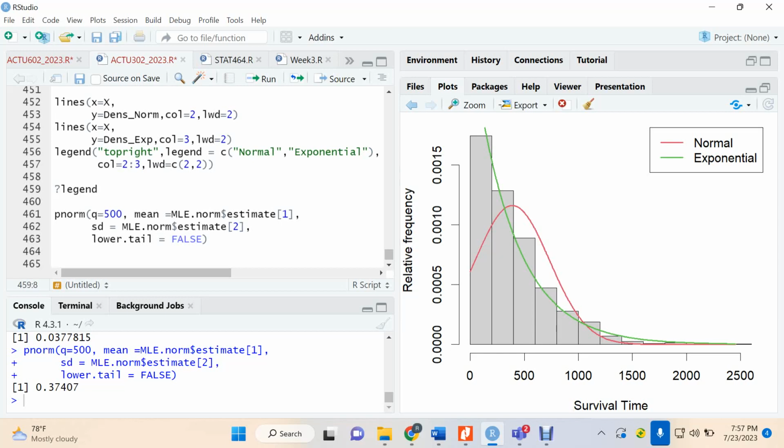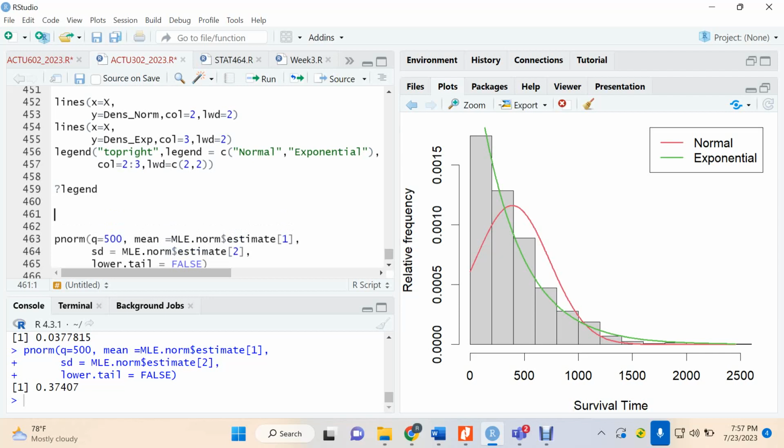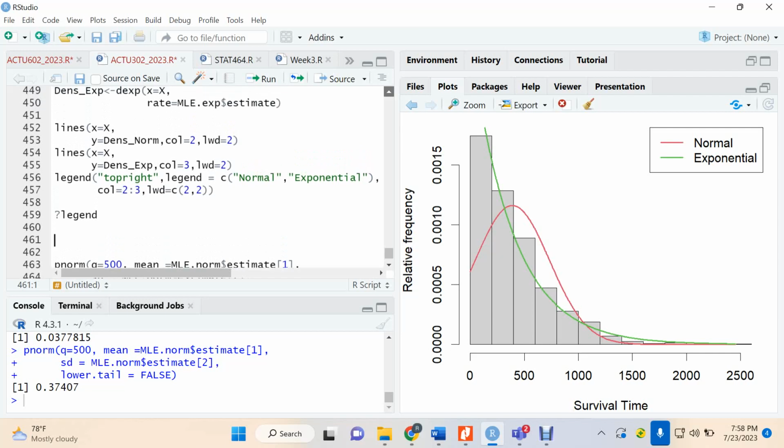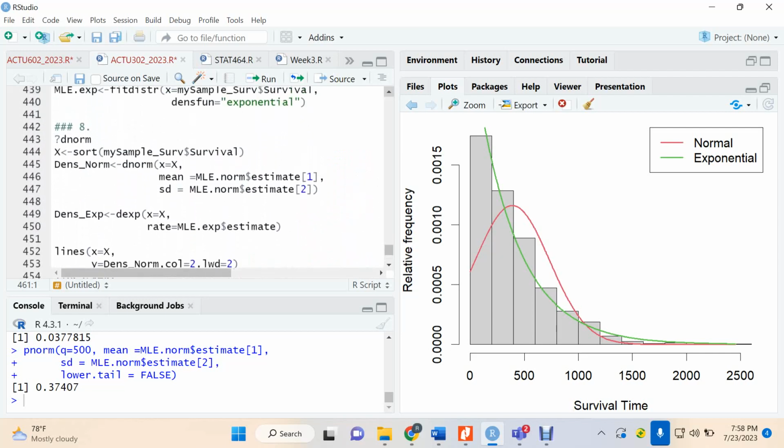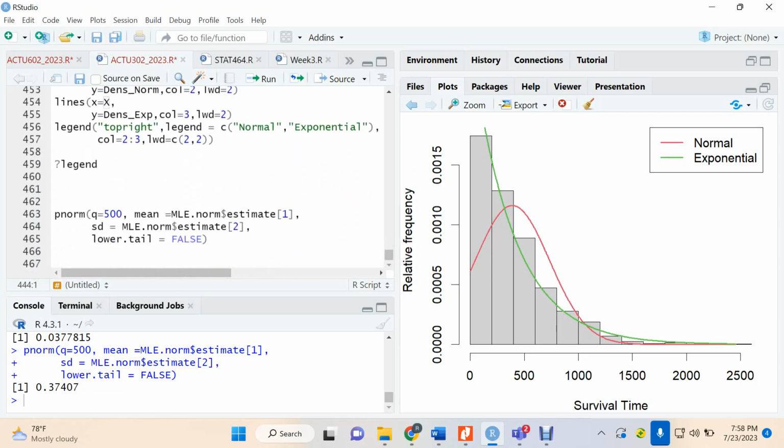The empirical probabilities will be, for example, the data is this, right? My sample survivor, we've even made it X, so we can use X. So X greater than, let's say, 2,000.